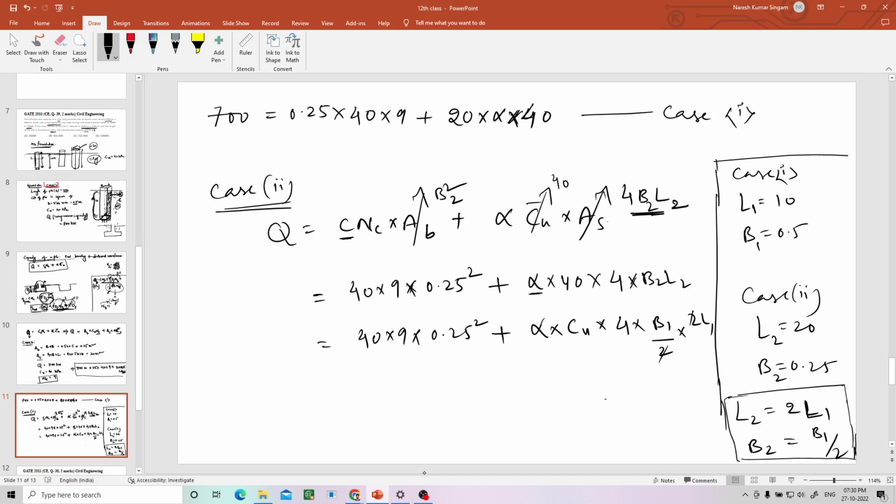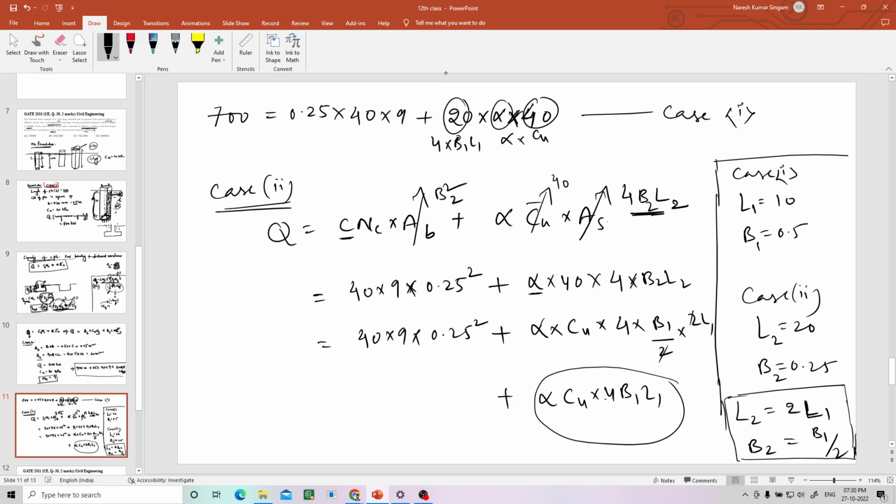So these two will be cancelled, and alpha Cu again 4B1L1, right? This is Cu alpha, which has come from 4B1L1. This is equal to this. As you don't know the alpha value, you can find alpha from this.